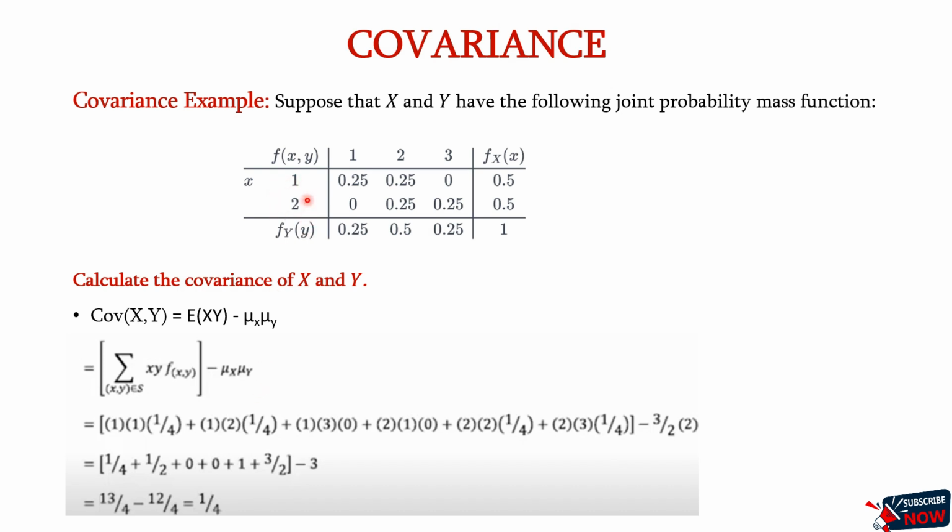So 2 plus 1, 3 divided by 2. So minus 3 by 2 into mu y. So this one, 3 plus 2 plus 1, it is 6 divided by 3, it is nothing but 2. So minus 3 by 2 into 2 can be expressed as 3. If we calculate this, the final value is 1 by 4. Thus the covariance of x and y is 1 by 4.